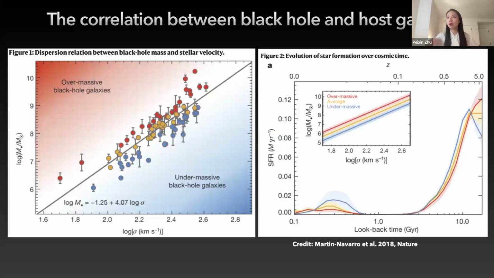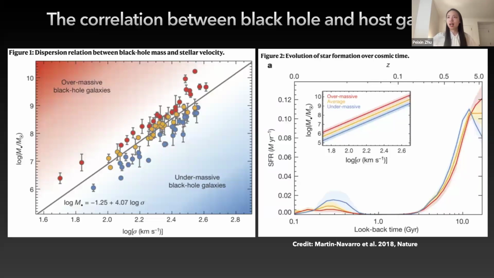What can that tell us? In astronomy, there was another breakthrough in the early 21st century: people realized that the black hole mass and the galaxy mass are correlated.